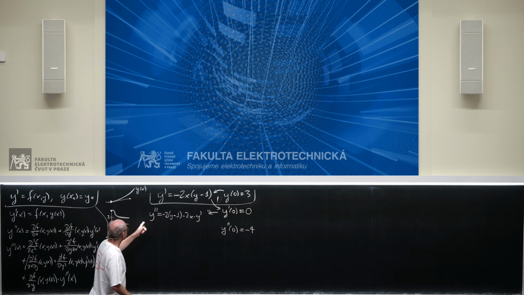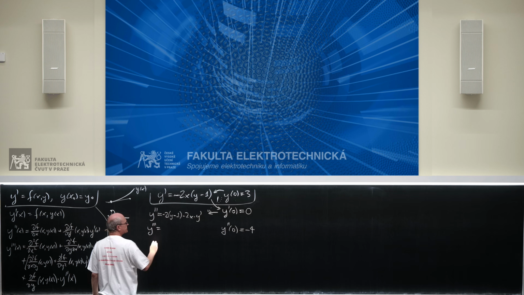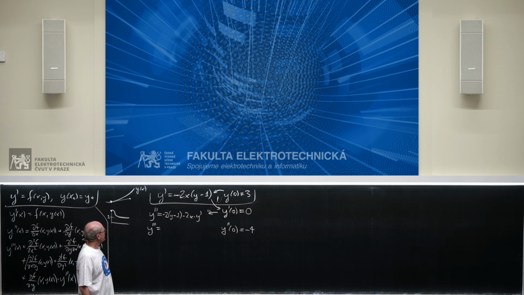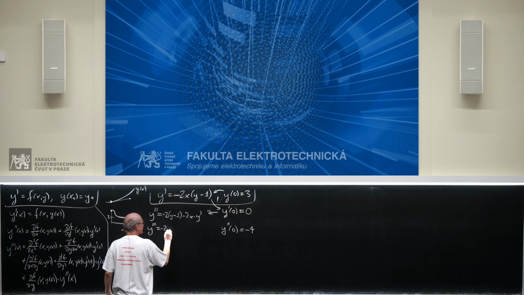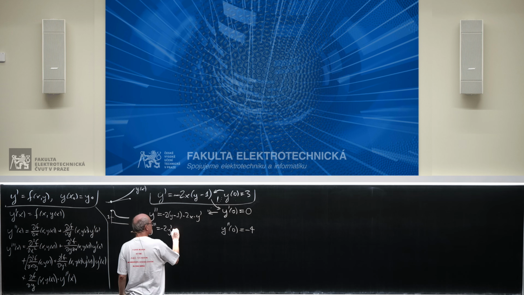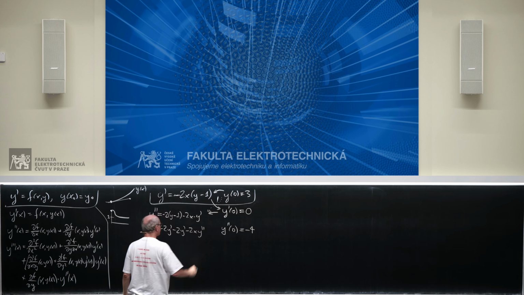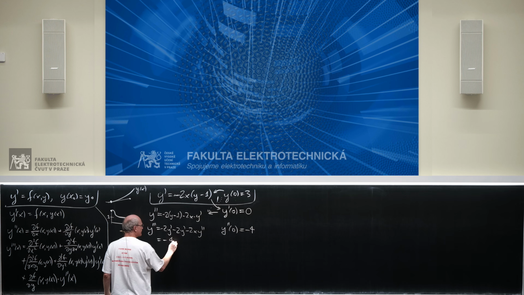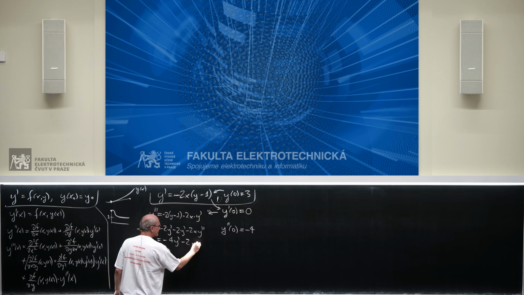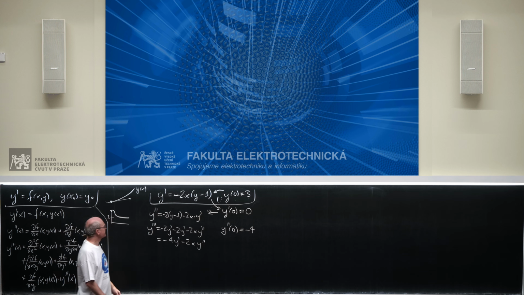Okay, let's take another derivative. y triple prime. How much is it? Well, here I have to take derivative, which is obvious, minus 2y prime. And here we have to use the product rule, so we get minus 2y prime minus 2x y double prime. Can we simplify? The answer is yes. This is minus 4y prime minus 2x y double prime. Does it look nice? I would say yes.